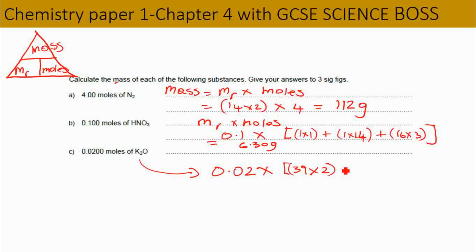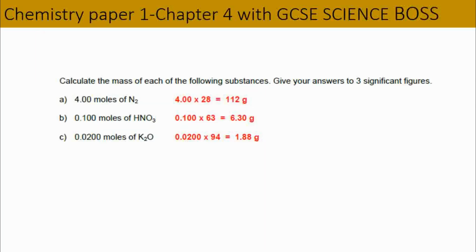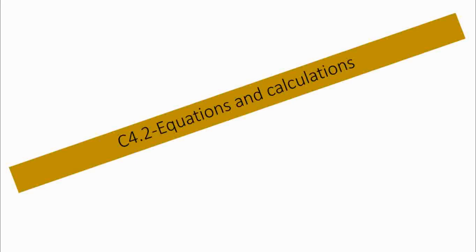Put that in a bracket, plus 16 times 1, and once you've done that correctly, that's going to give me an answer of 1.88 grams. So you can check your answers, see if you get them correctly. Feel free to pause the video at any point, do your calculations, get your practice in. All right, so that's it for 4.1.